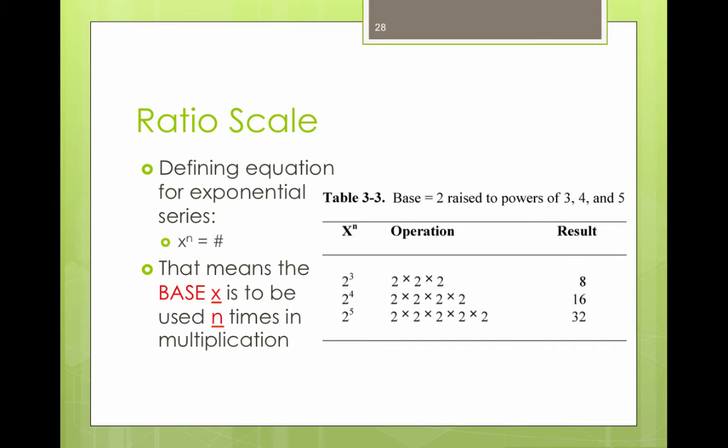So a base is x, the exponent is n. You have the base, and the exponent tells you how many times you multiply the base by itself. 2 to the 5th power means you multiply the base 5 times.